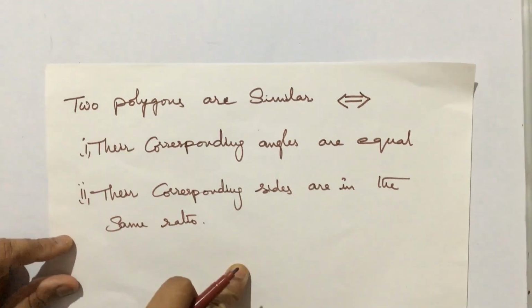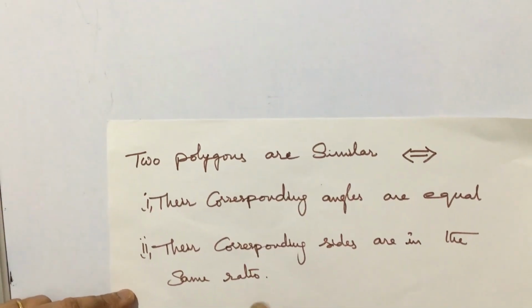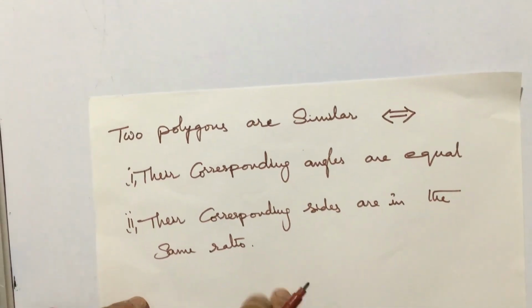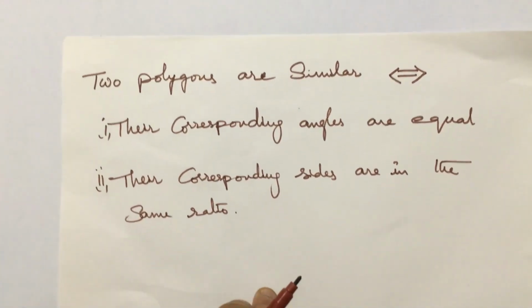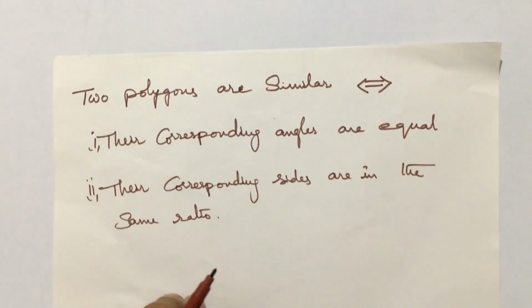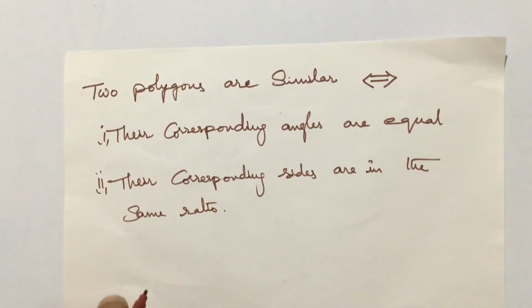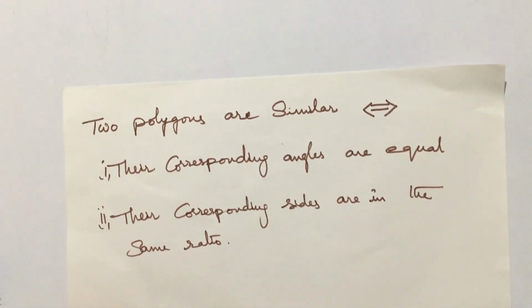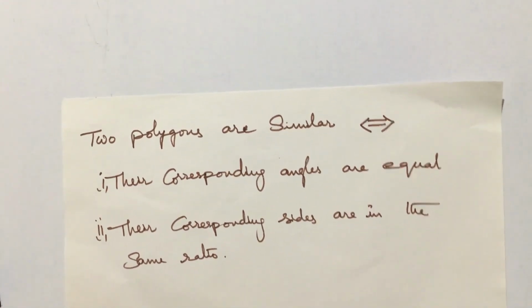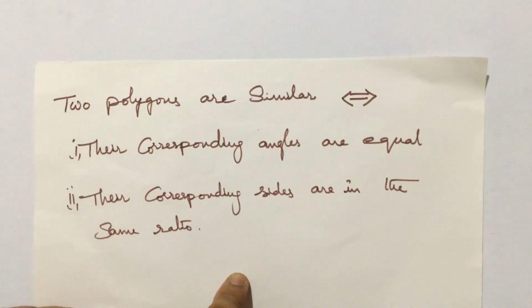Now you are able to identify similar shapes in your classroom as well as in real life. This is important for constructing buildings, I mean the elevation of buildings, as well as for proving theorems.